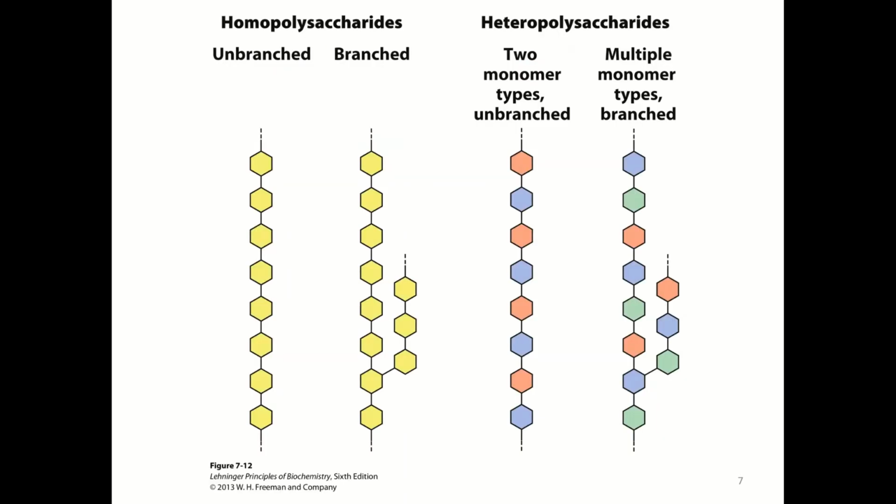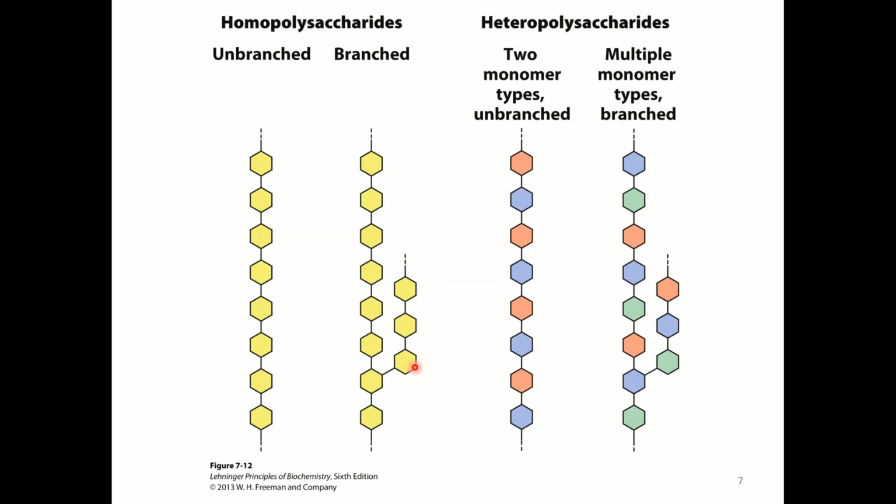Okay. So this is just an example from the book, right? On the left here, these sugars are all yellow, which means they're all the same type of sugar. So these would be homopolysaccharides. Glycogen and starch would be examples of homopolysaccharides. They can be unbranched, where they again have the same glycosidic bond repeating over and over, or they can be branched, and that's where you would have one glycosidic bond, and then at another point you have a different type of glycosidic bond happening that makes a second chain.